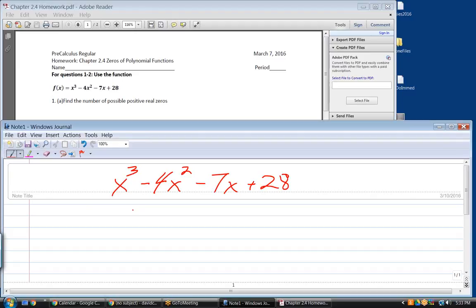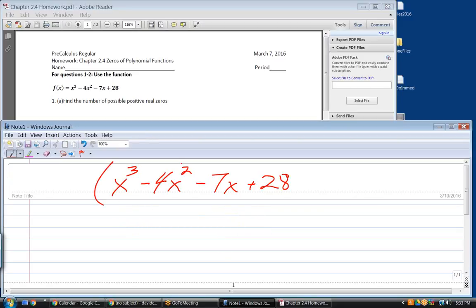In other words, I've got 1 over minus 4, the same as minus 7 over 28. And it is, which means we can solve this the easy way by grouping.